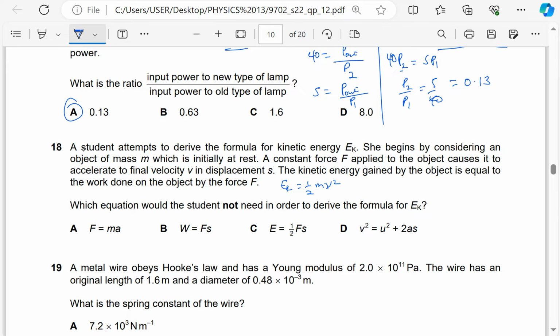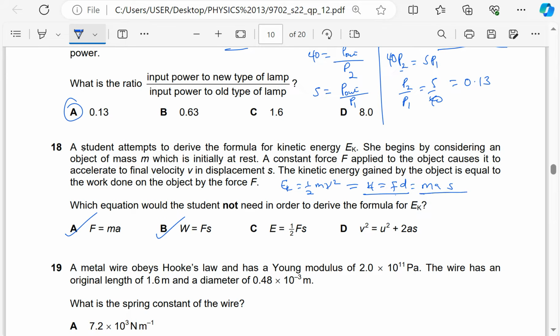The kinetic energy gained by the object is equal to the work done on the object by the force F. So kinetic energy is equal to the work done, which is force times distance, which is equal to mass times acceleration times distance.